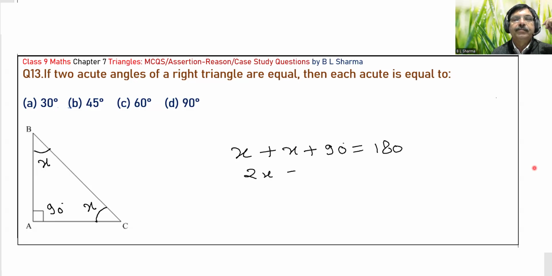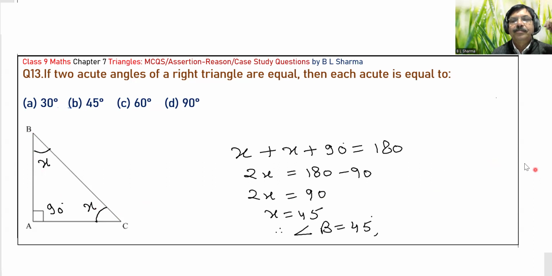Twice of x is equal to 180 minus 90. So twice of x is equal to 90. So x is equal to 45. So here you will see that angle B is 45 and angle C is also 45. So what is the answer now? Each acute angle is equal to 45 degree. So B is the correct option.